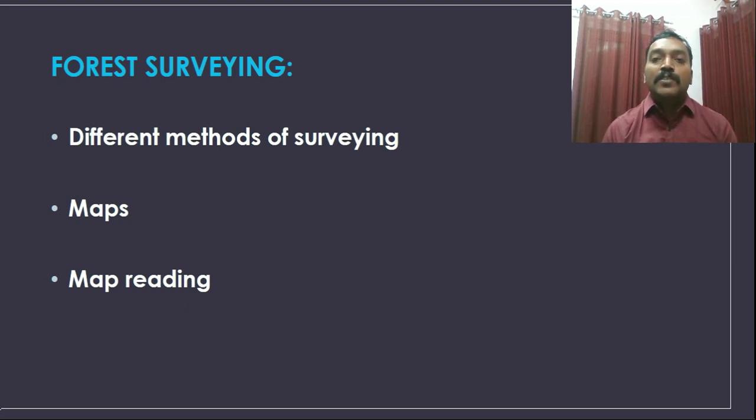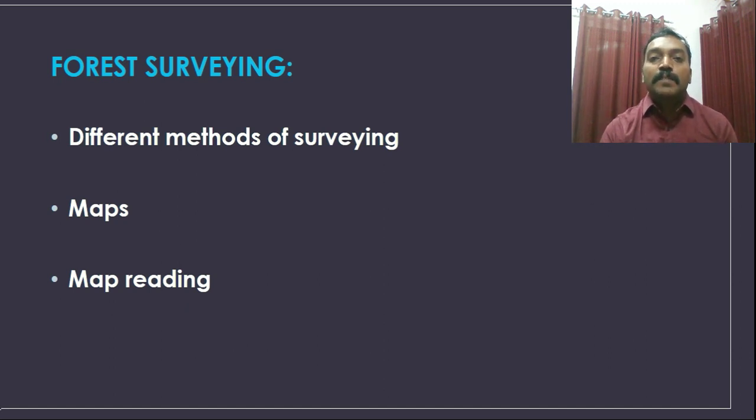Here we also study the different methods of surveying used in the forest area. The common methods generally used in day-to-day forest activity are plane table surveying, chain surveying and compass surveying. So we will be studying the situations in which these different types of surveying are used.